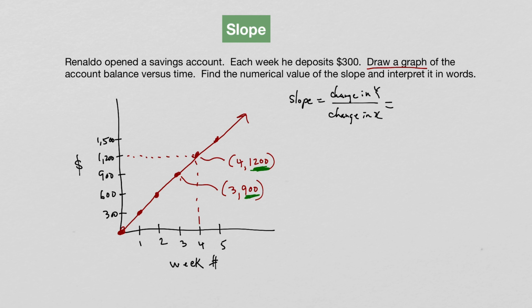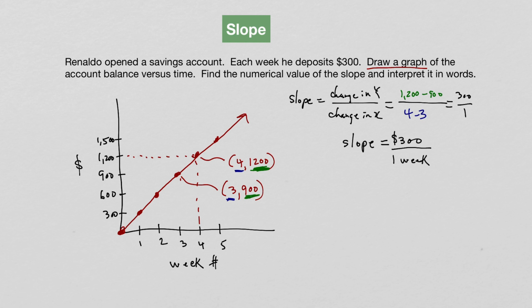We'll take the larger one first, and that's going to be 1,200 minus 900 divided by the change in x. So that'll be 4 minus 3, and that's going to equal 300 over 1, or the slope is equal to 300. So to be more precise, that'll be $300 per 1 week.